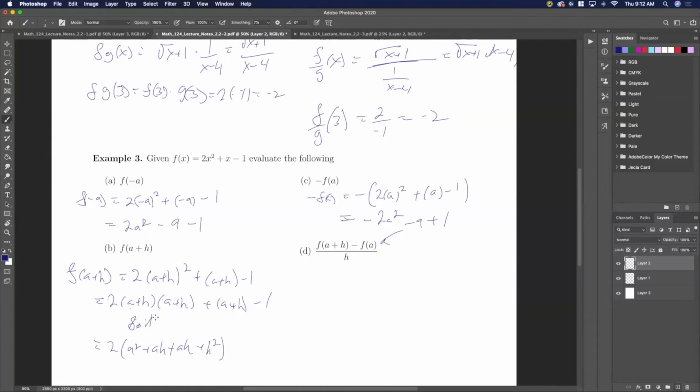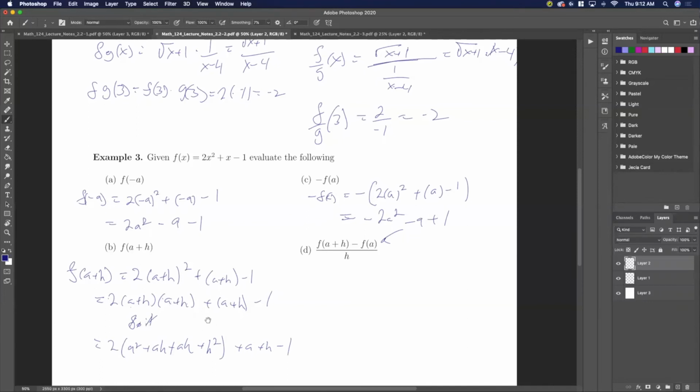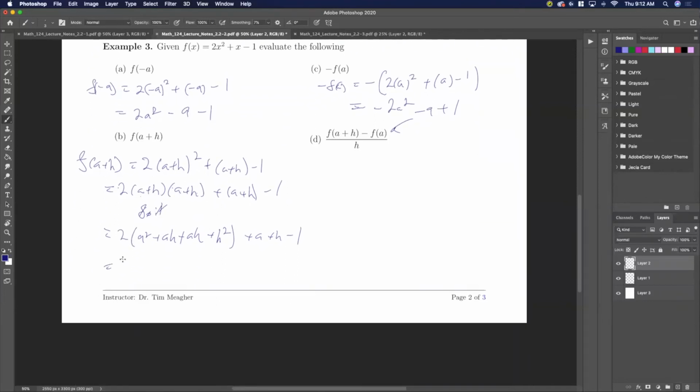And then the last one is h squared, plus ah minus 1. We'll just distribute in the 2, and then we're done. So it would be 2a squared plus 4ah, because I'll add this up to be 2ah times 2, plus, oops, I forgot my 2, 2h squared plus a plus h minus 1.